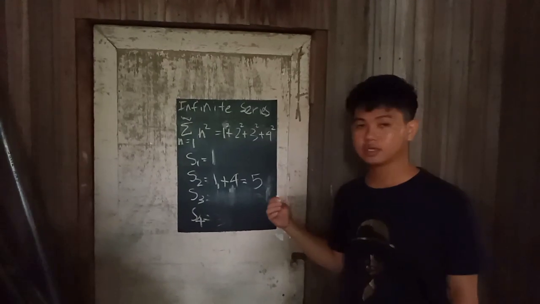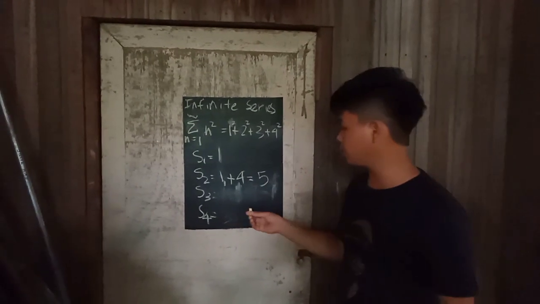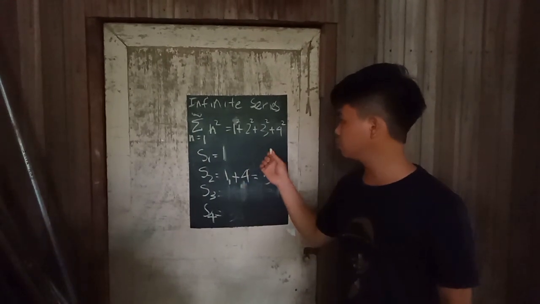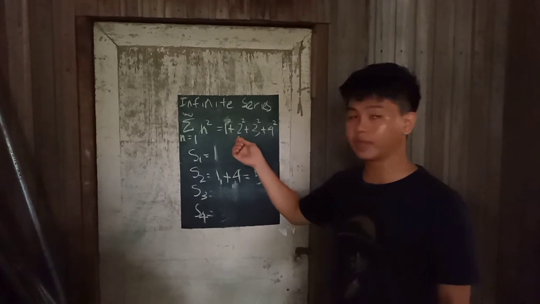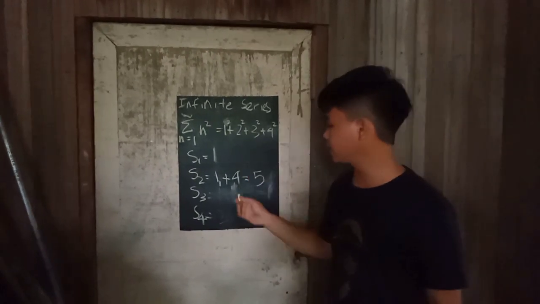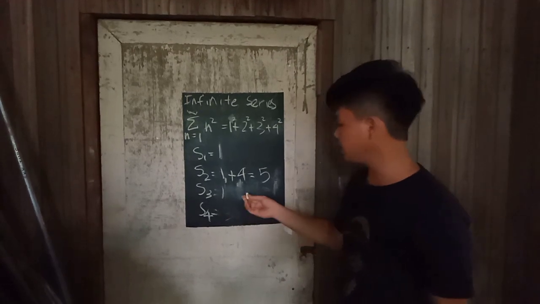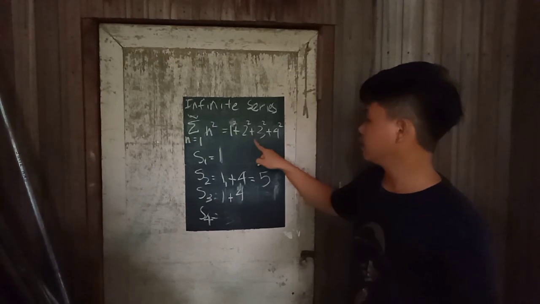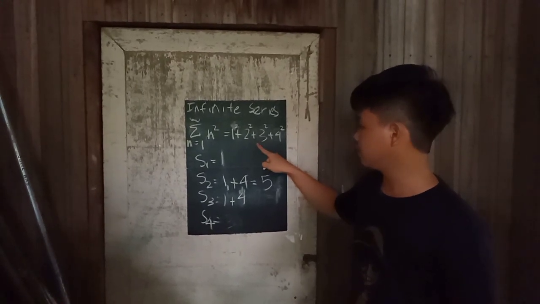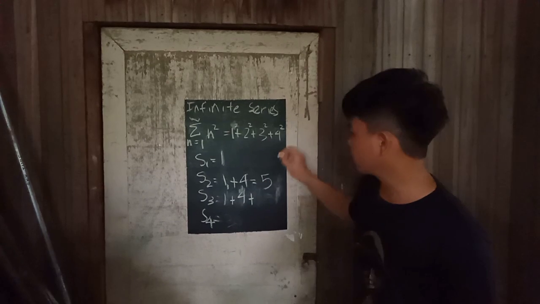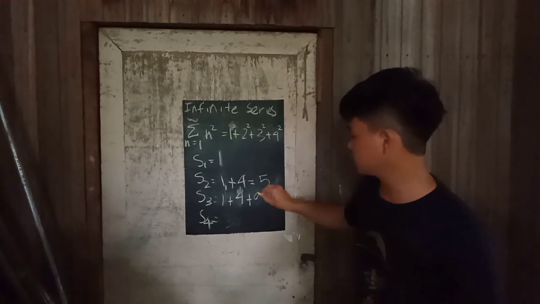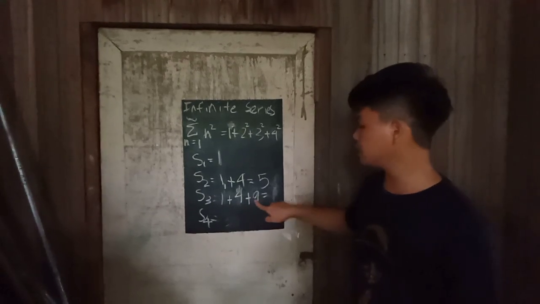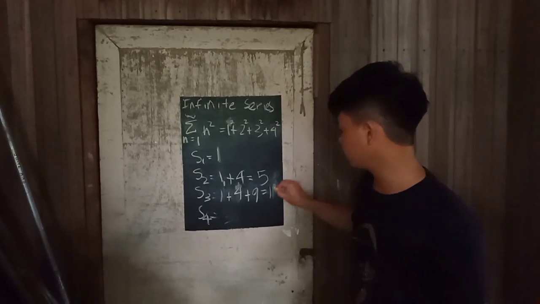To get the s sub 3, we copy the results inside s sub 1 and s sub 2, then add the square of the third term, which is 9. So 1 plus 4 is 5, plus 9 is equal to 14.